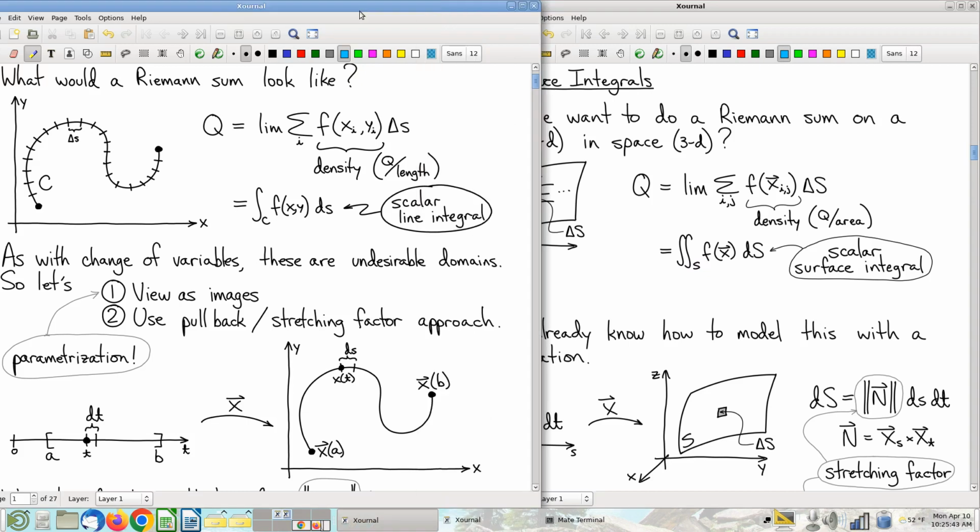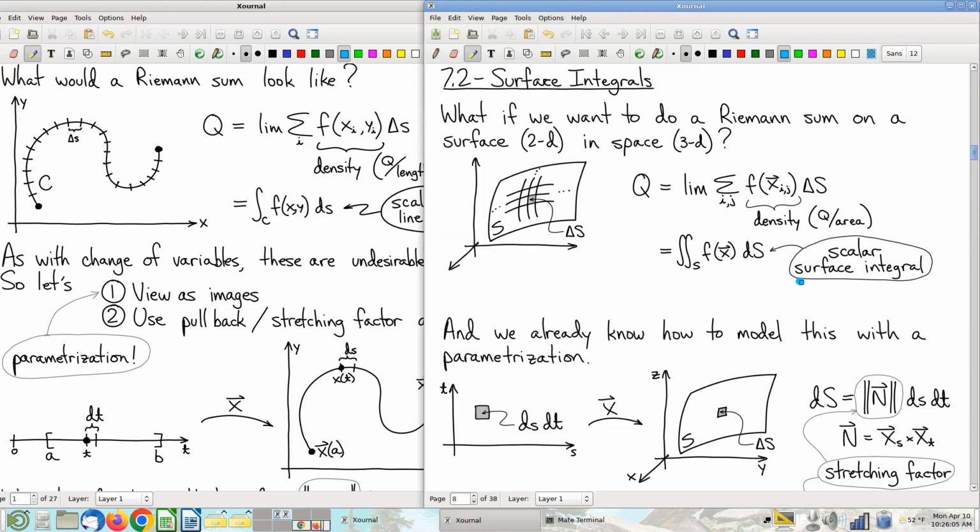And in the same way that we call this not just a line integral, it's an integral over, loosely speaking, a line, right? Forgive the sloppiness of the language. We furthermore call this a scalar line integral because all of the participants are scalars. Well, likewise over here, we're going to call this a surface integral because it's an integral over a surface, and a scalar surface integral because the little piece of area is a scalar.